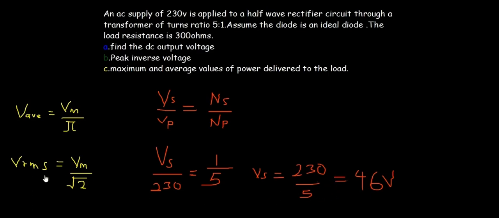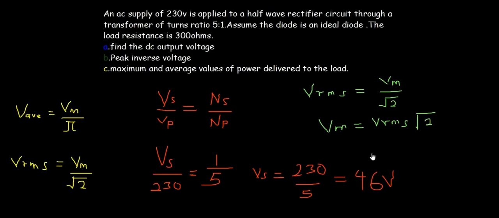Okay, so now that you know this value, you can solve for the maximum voltage. VRMS equals Vmax over the square root of 2. Now I want to find Vmax, the maximum voltage, which will be equal to VRMS times the square root of 2.